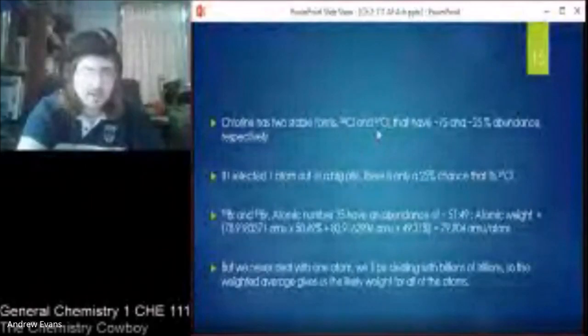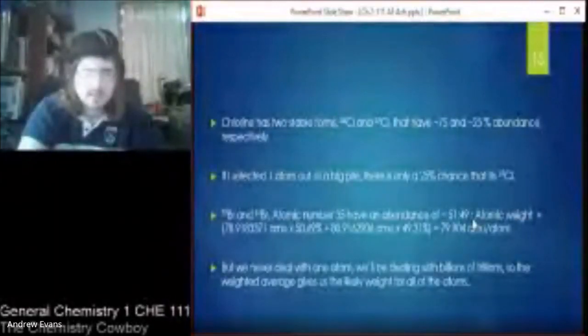So you'll have somewhere between 35 and 37. In fact, it's a quarter of the way between 35 and 37. Halfway would be 36. A quarter of the way would be 35 and a half. And that's why we typically see 35.45 as the atomic weight.